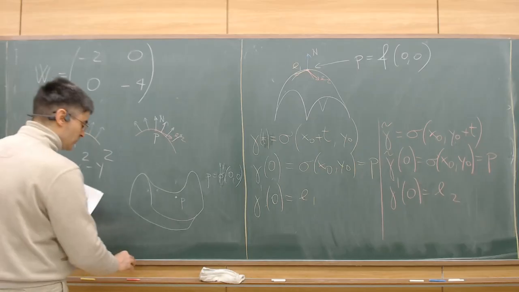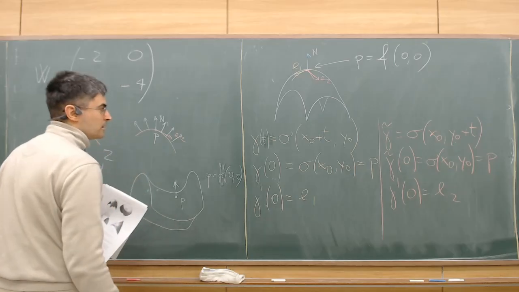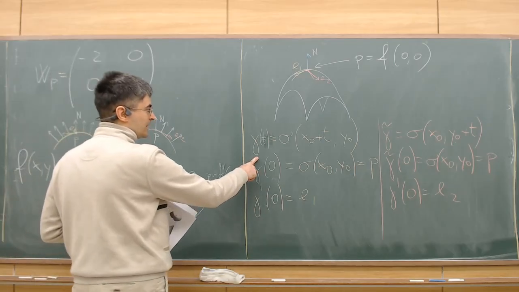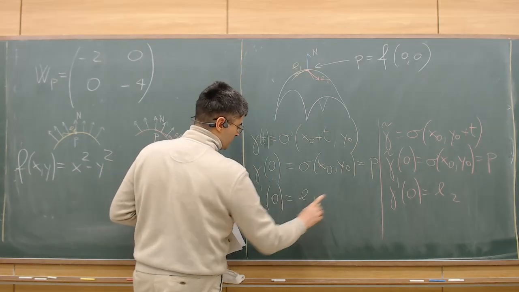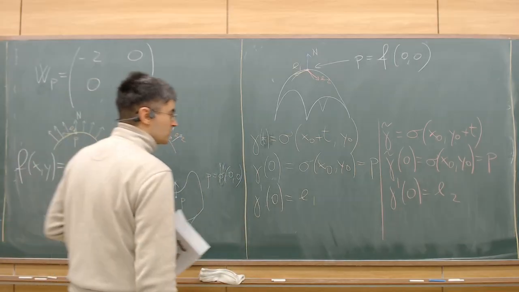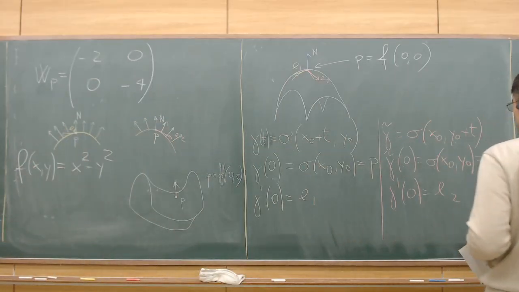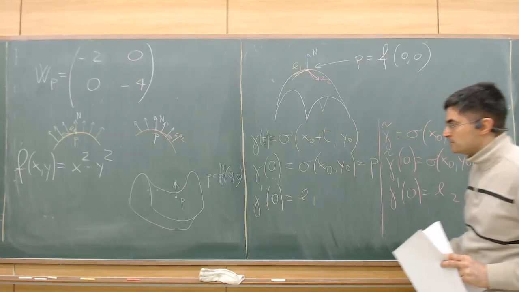This time, what happens if we look at the curve gamma of t having initial point equal to P and initial velocity E1, and the curve gamma tilde having initial point P and initial velocity E2.